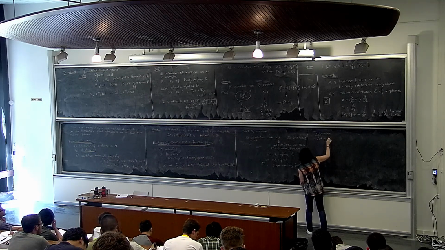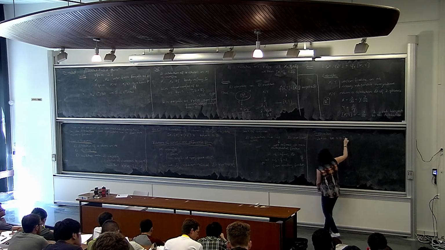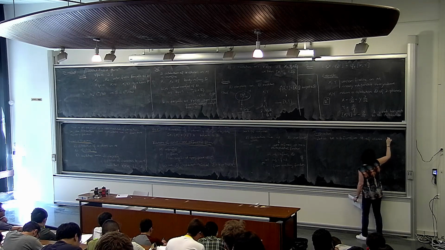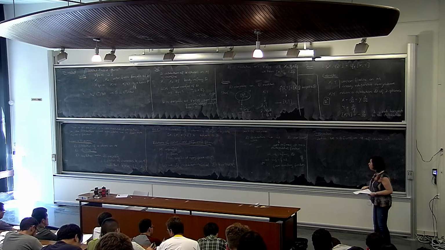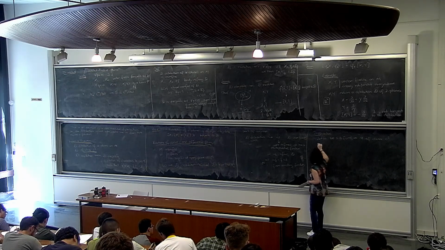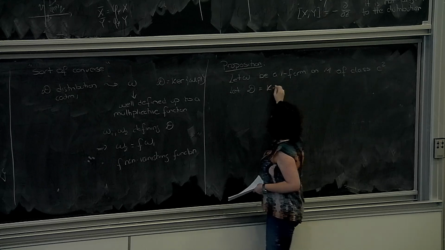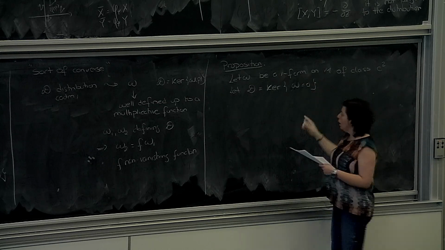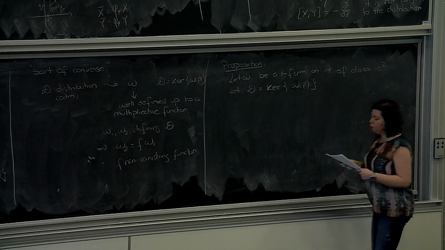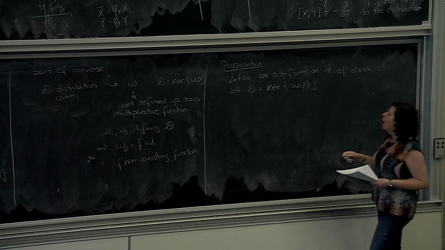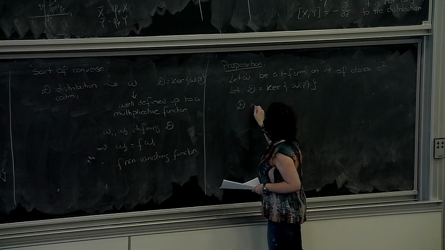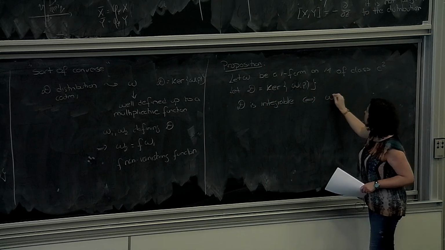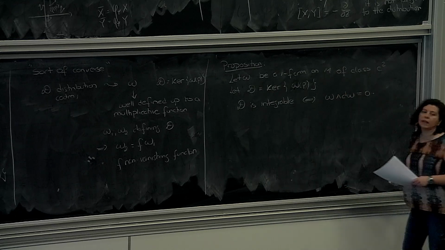Let omega be a one form on M of class at least C2. Okay. Let D be the distribution defined by the kernel of the one form, okay? And we have that D is integrable if and only if d omega is identically 0.